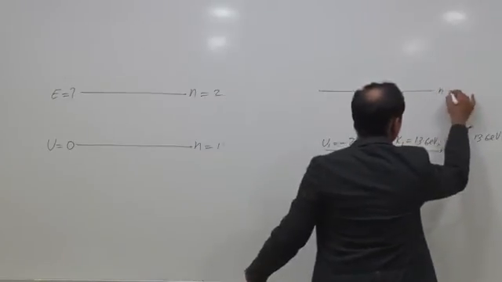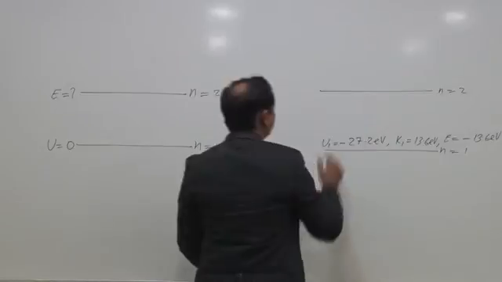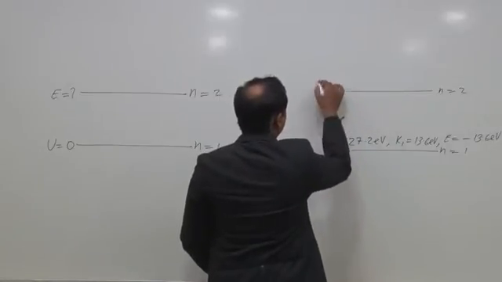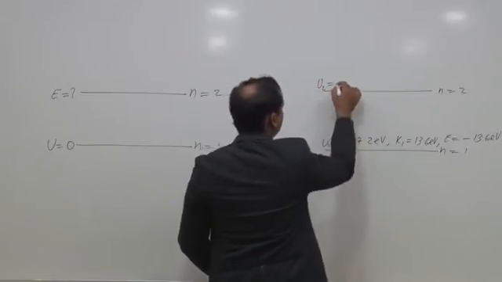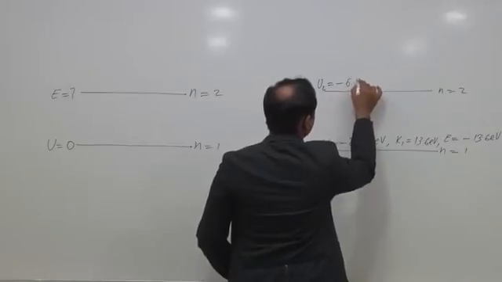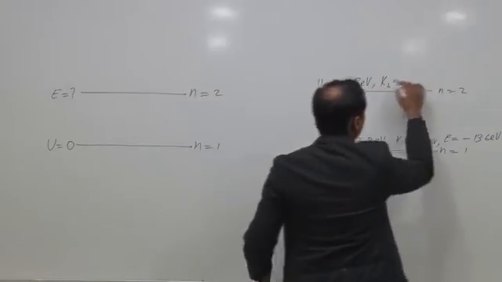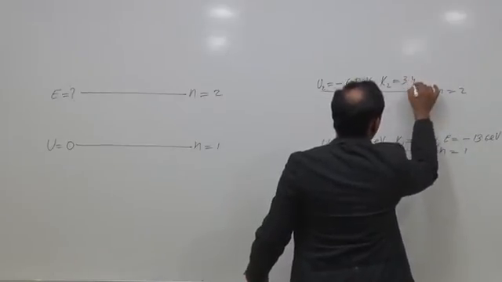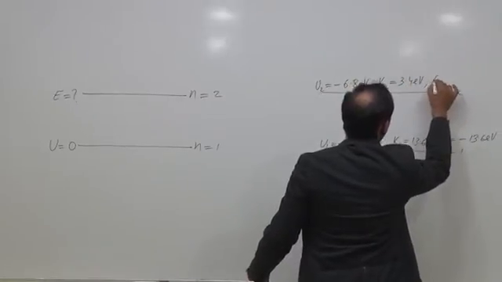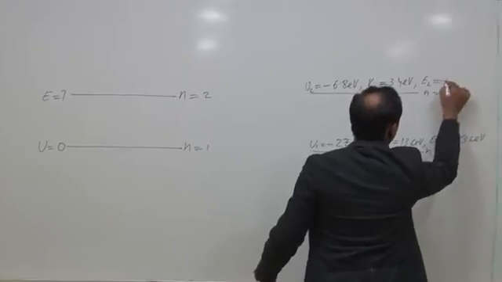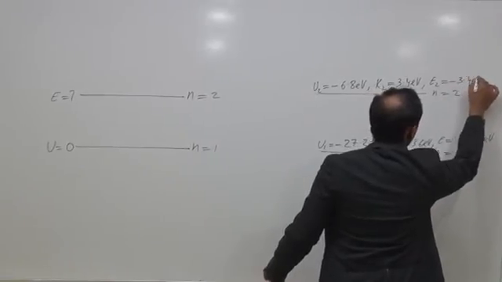And at n equal to 2, that is the first excited state, potential energy U2 is equal to minus 6.8 electron volt, kinetic energy K2 is equal to 3.4 electron volt, and total energy E2 is equal to minus 3.4 electron volt.